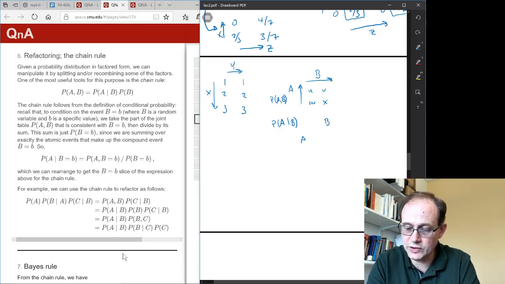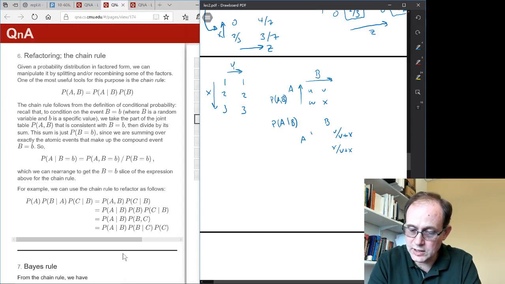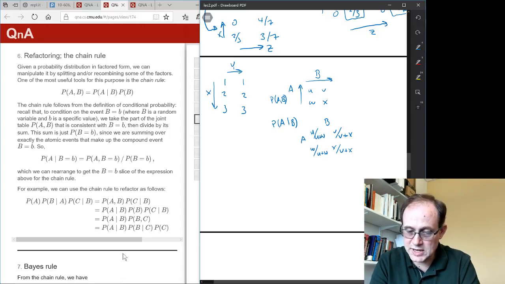But for example, if we condition on this one, we'll get V over V plus X and X over V plus X. And then here, if we condition on this value, we'll get U over U plus W, and here we'll get W over U plus W, right? So conditioning went from here to here. And so each entry of this table is P of A comma B divided by P of B, right? So P of B is just V plus X or U plus W. And so we're dividing each entry like that.